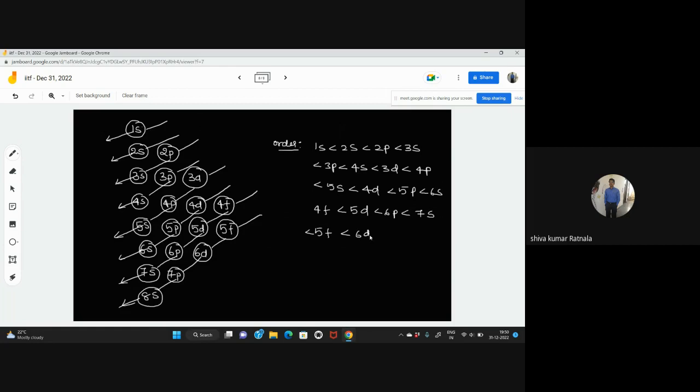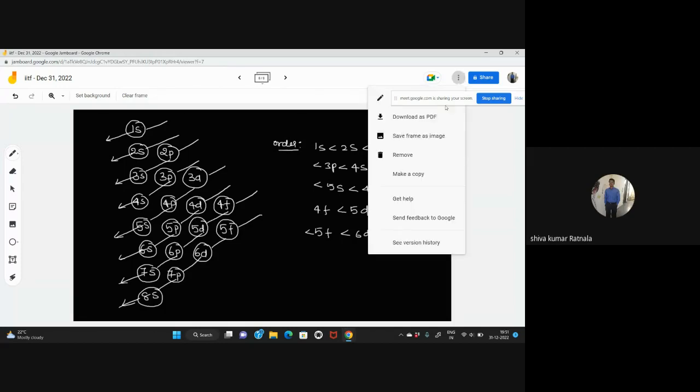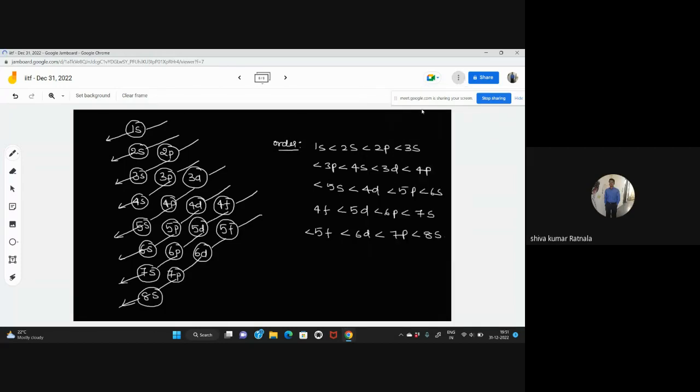You need to remember this sequence. This is the order of filling of orbitals in various atoms.